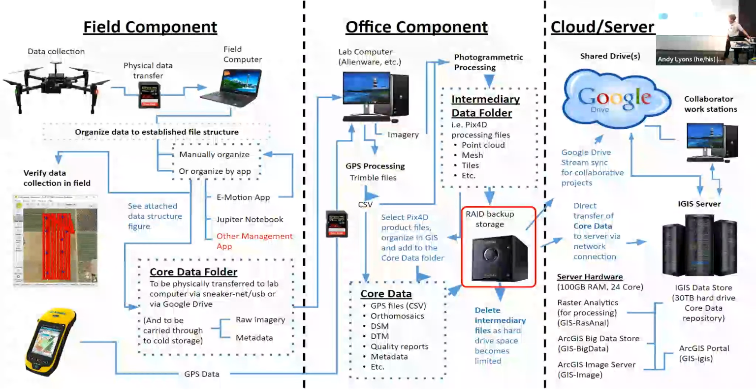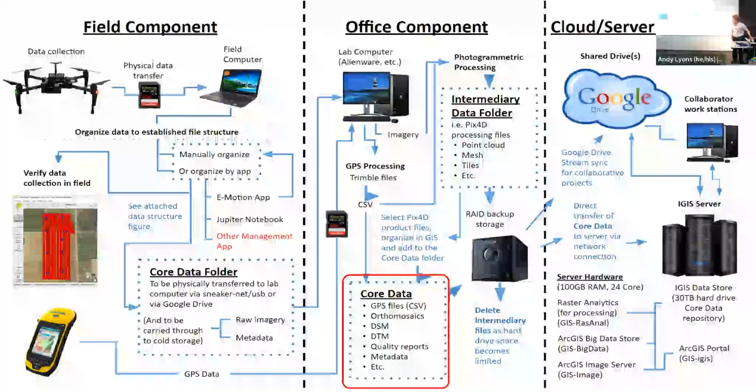At some point there, we will also make copies of both the primary data as well as the products coming out of the stitching onto a big beefy external hard drive, which lives next to the Alienware. So that's the backup for the active data projects. It's not long-term storage.